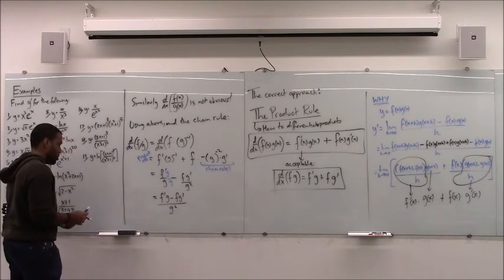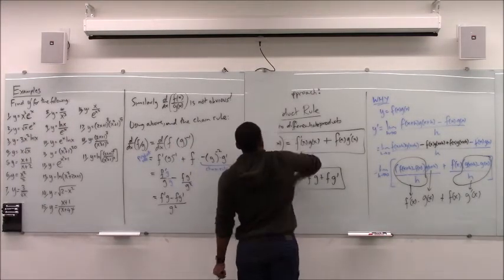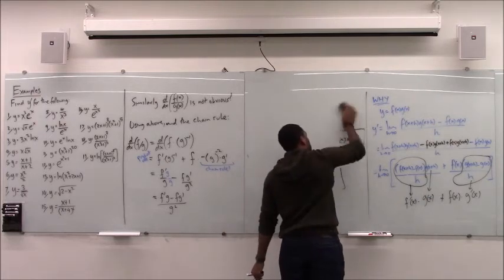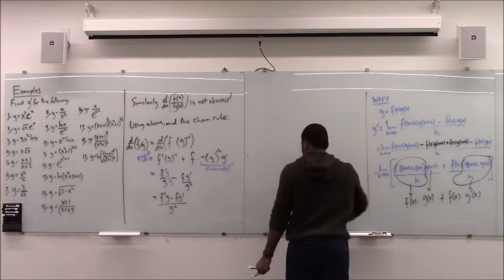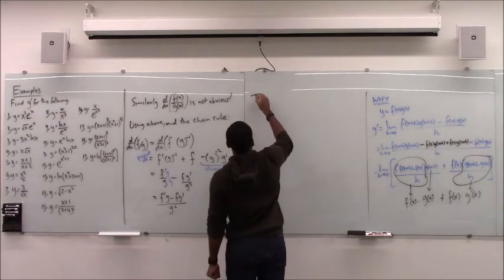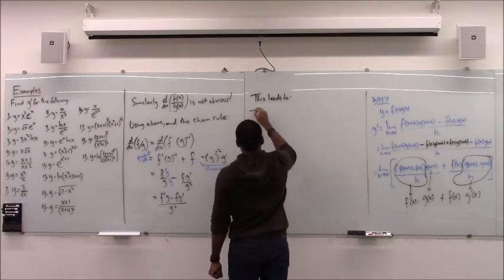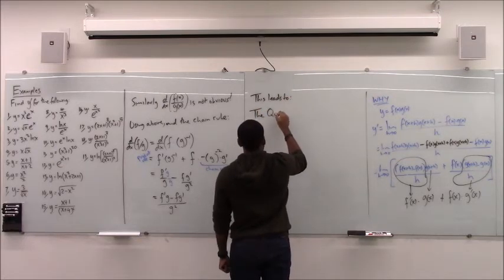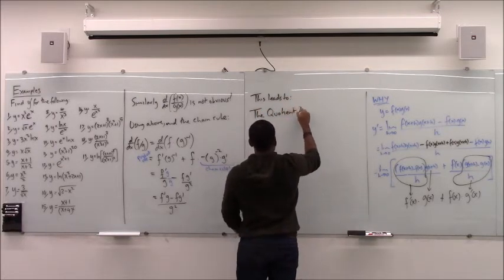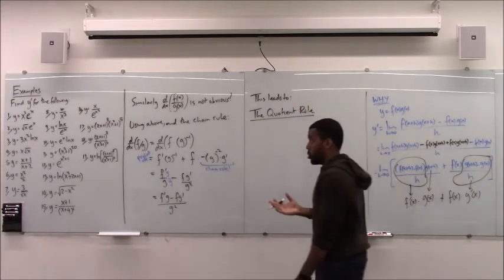And that leads to another rule that we called the quotient rule, because the result of a division is called a quotient. So this is how we differentiate quotients.